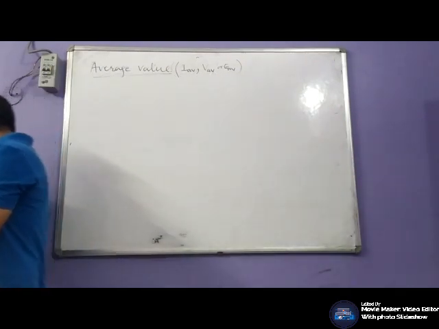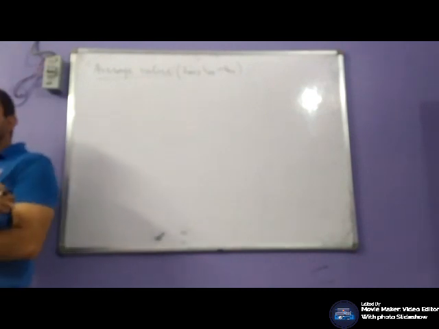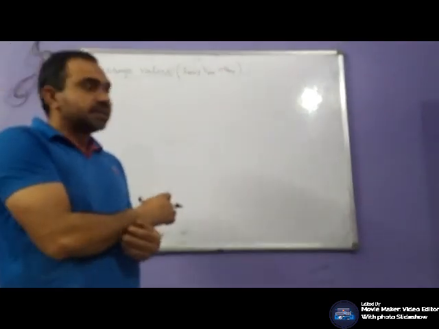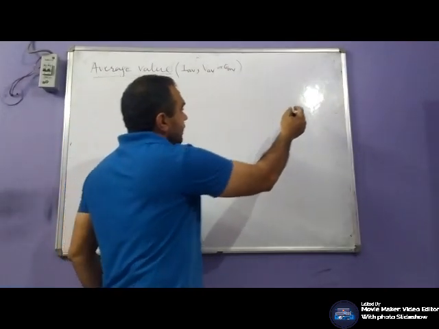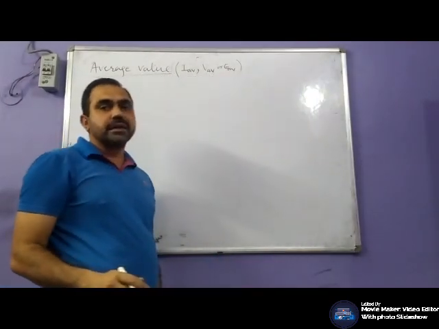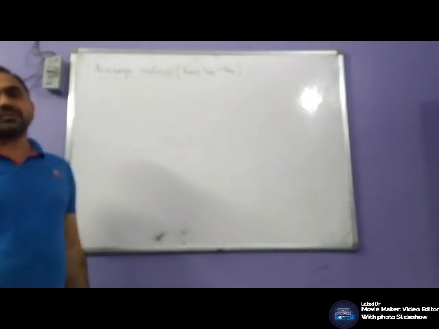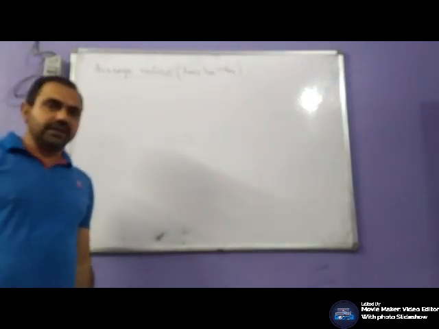So your average value of the alternating quantity is that steady state current which transfers the same charge in a given circuit in the same time as produced by the alternating current.